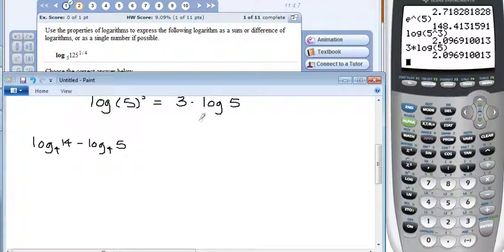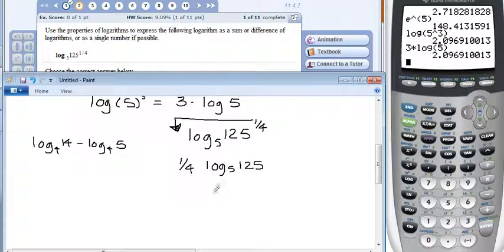All right, so we have log base 5 of 125 to the 1/4 power. Using my power rule, I'm going to drop this down in front. So I have 1/4 times log base 5 of 125. Okay, how do I get this into a number? Well, I'm going to switch it into an exponential. Log base 5 of 125 is equal to some number.